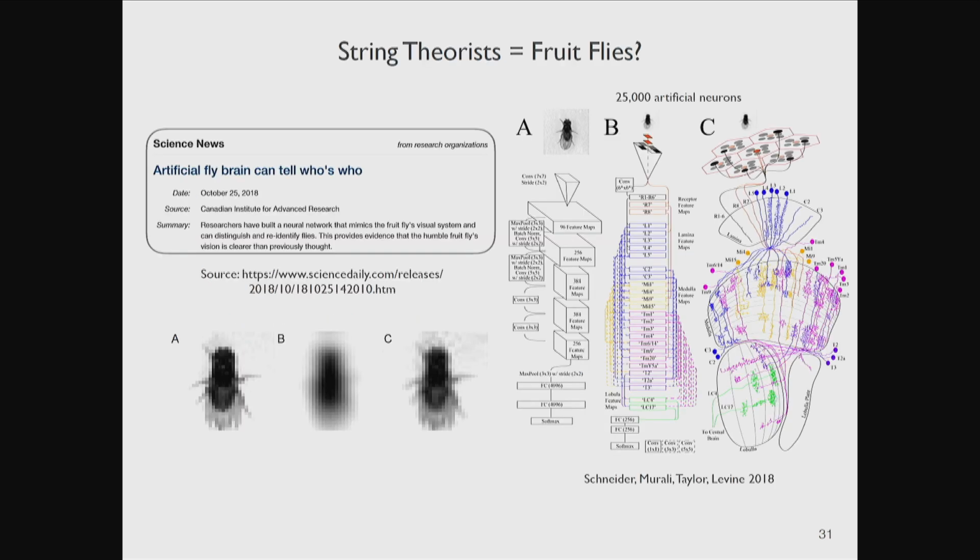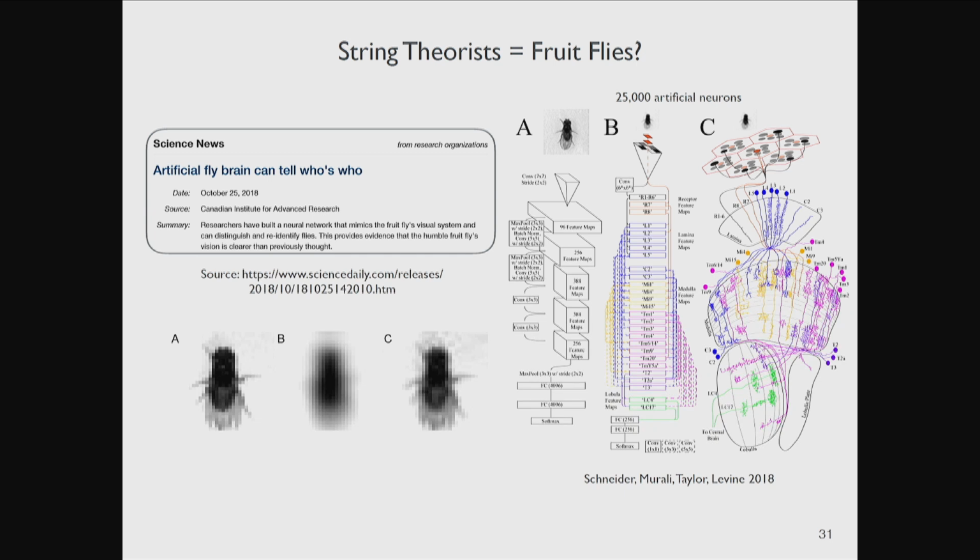One thing that I still have here is the following. I've seen this in a newspaper. People have looked at the visual system of a fruit fly, and this is what is depicted here. They try to reproduce it with a neural network and see what comes out. So this is the input. Fruit flies have a very bad vision, also because their eye is so primitive. This is actually the input that you get from the eye.